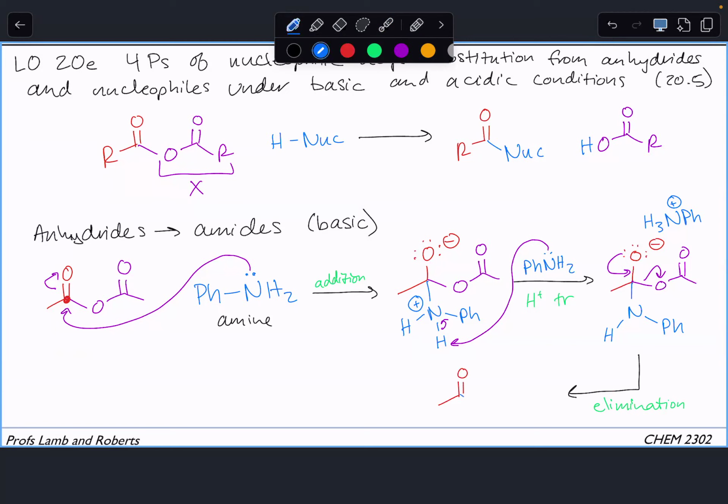So now we've replaced our X group with our nucleophile, and we have generated a carboxylate, and our counter ion is still this ammonium. And we have formed our amide, right? So again, starting with an amine nucleophile gets you an amide at the end. Okay, so anhydrides to amides, always basic conditions.